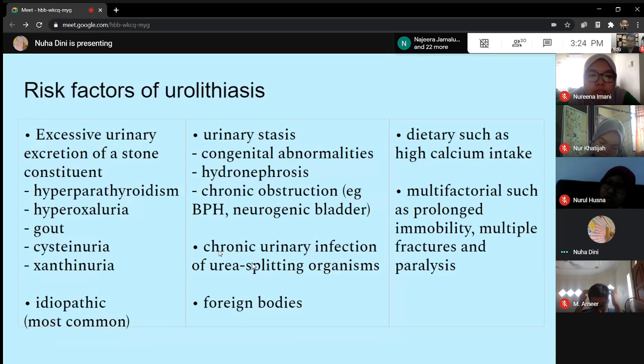Okay, next we move on to the risk factors of urolithiasis. Among the risk factors is excessive urinary excretion of a stone constituent.